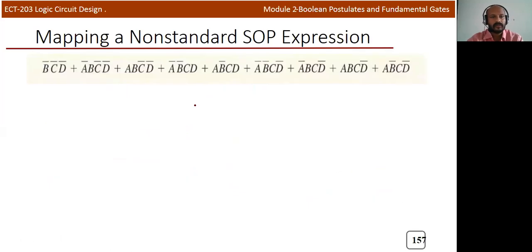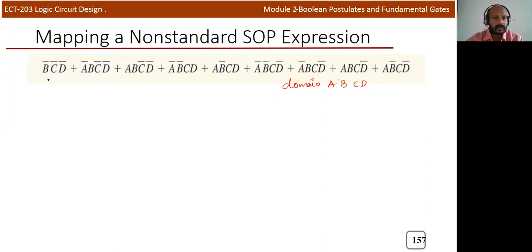First, we will discuss how we can solve a non-standard SOP expression. If you look at this particular expression, we can identify that this function contains four different variables, a, b, c, d. We can call a, b, c, d the domain of this expression.